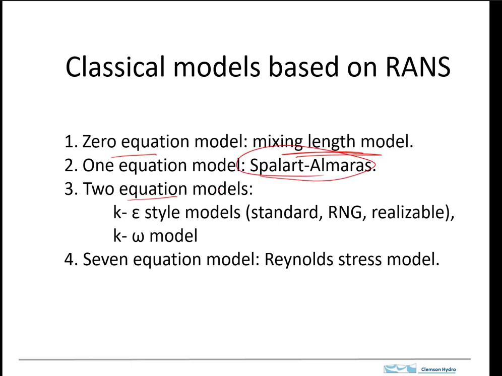Two equation models, which are probably the most common ones, K-epsilon and K-omega. And then there's a seven equation model that's also available. Within each one of these, there are several different versions. So there are a variety of ways of solving this Reynolds averaged Navier Stokes. What I want to do is take a look at one of these, the K-epsilon model.